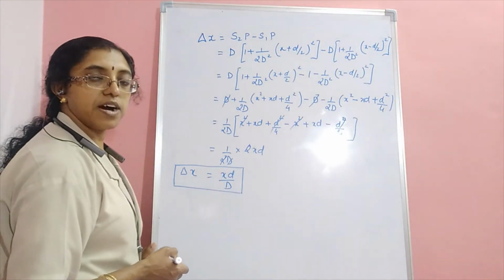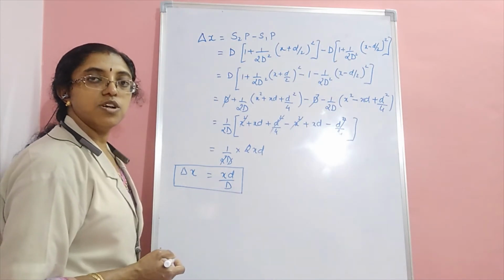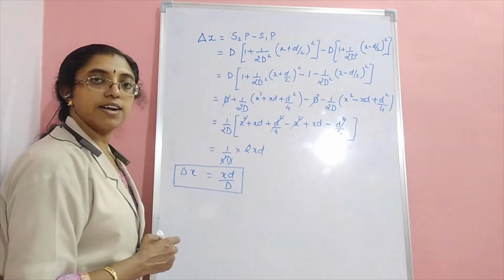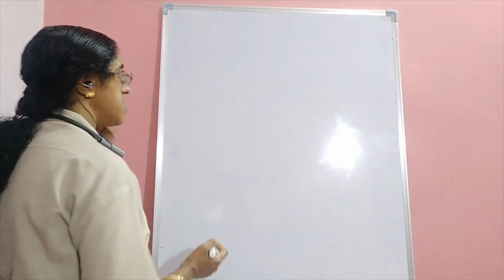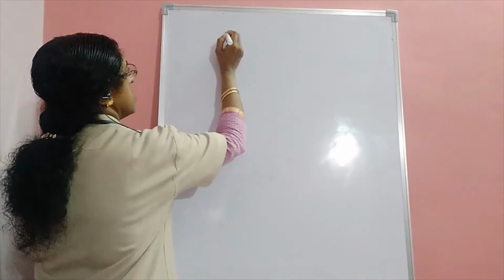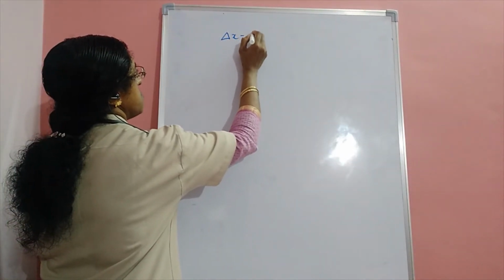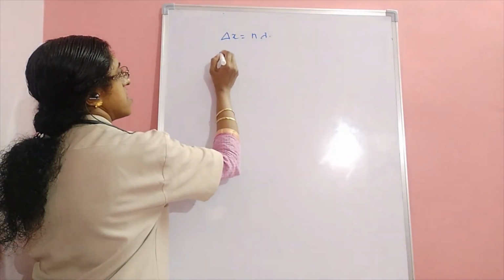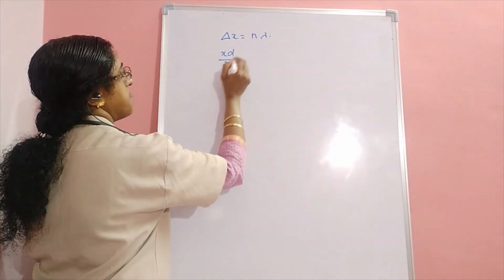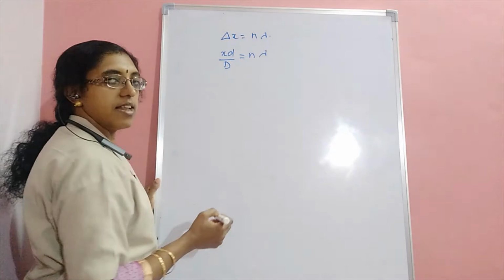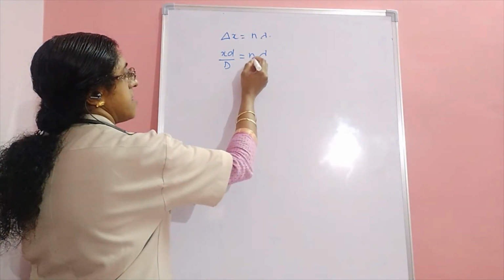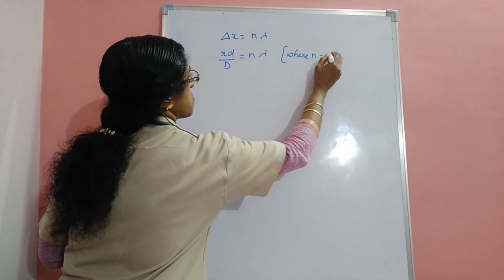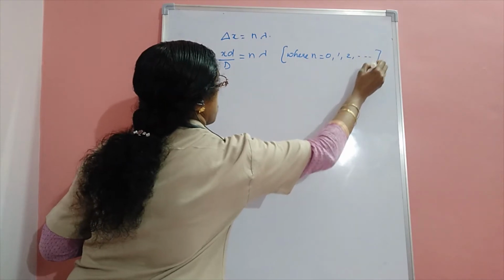Now, after getting the path difference, as we already know, the condition of constructive and destructive interference will apply. For maxima, the path difference delta x is equal to n lambda. The path difference was xd by capital D, which is equal to n lambda, where n is equal to 0, 1, 2 and so on.